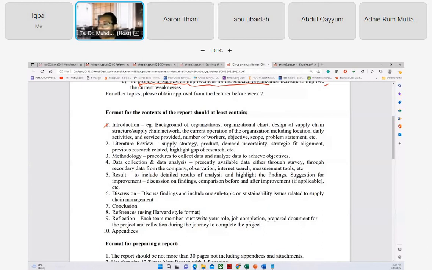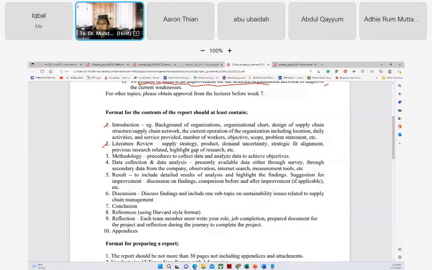Okay, that's the introduction. How they organize the locations, maybe what are the current daily activities, what kind of service they provide, how many workers, objective, scope, and problem statement. Okay, and then number 2, you go for a literature review.